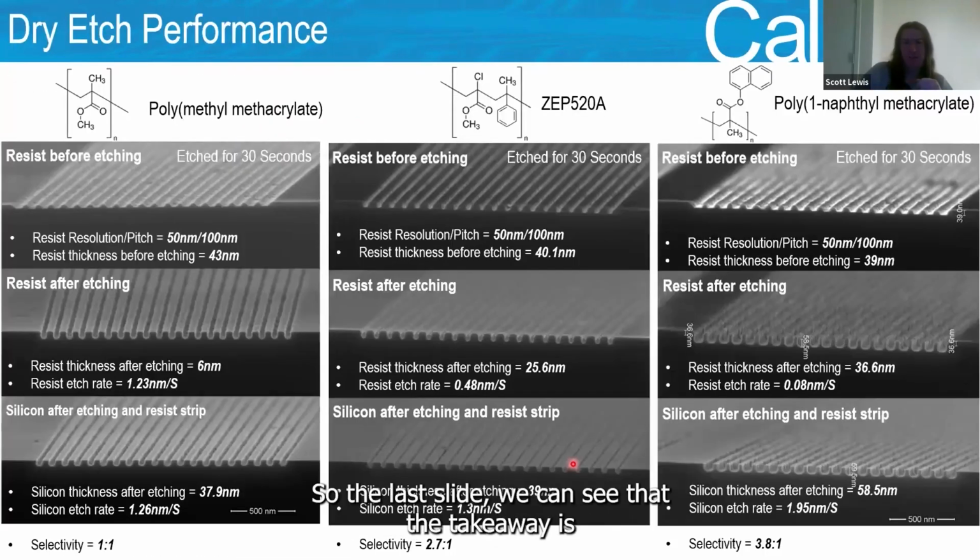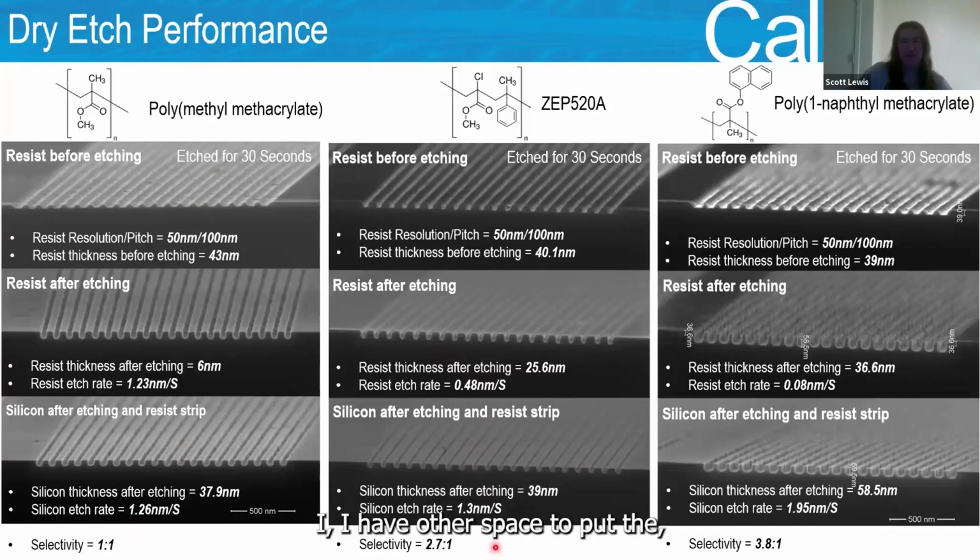Right, so on the last slide, the takeaway is you get a dry etch selectivity of 1:1 with PMMA, no surprise there. 2:7, this is a silicon dry etch. I've got the space to put the parameters of what we used, but they're in our papers.